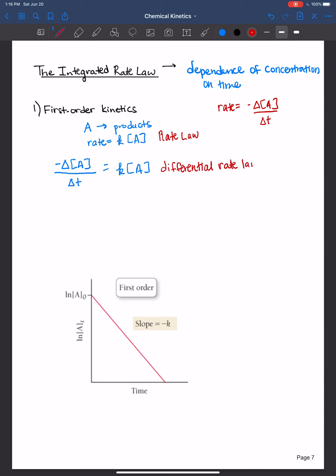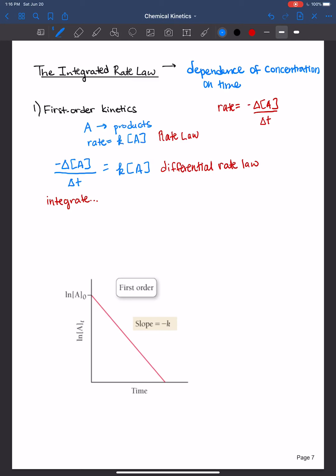Now, from the differential rate law, we will integrate. Since the prerequisite to my class is only college level algebra and not calculus, I'm not going to actually do the integration. I'm just going to show you the final answer after integrating the differential rate law.